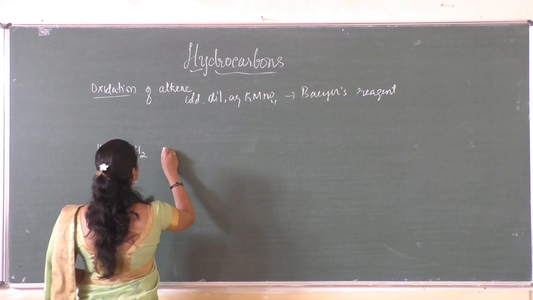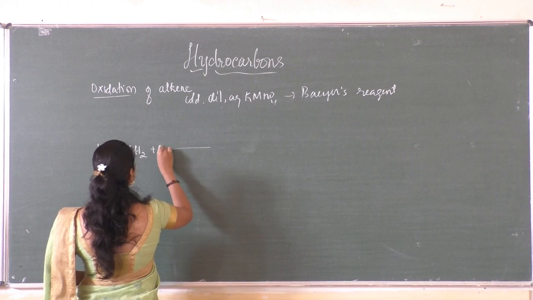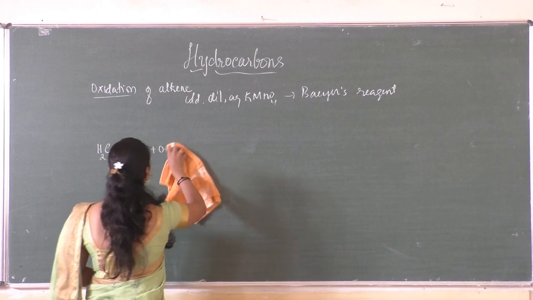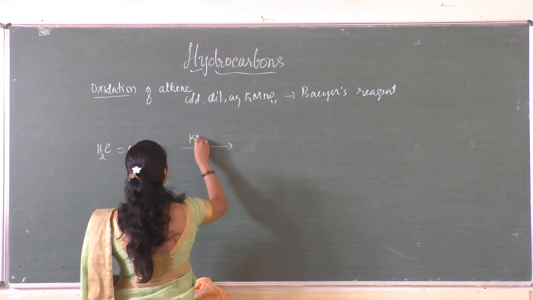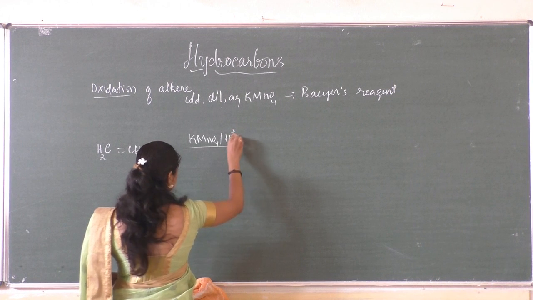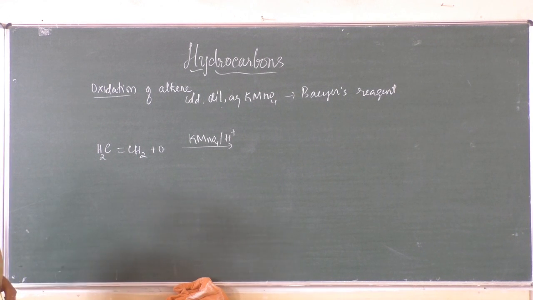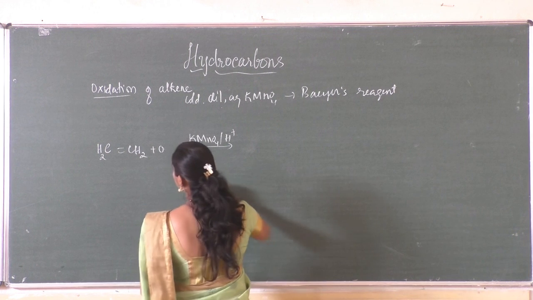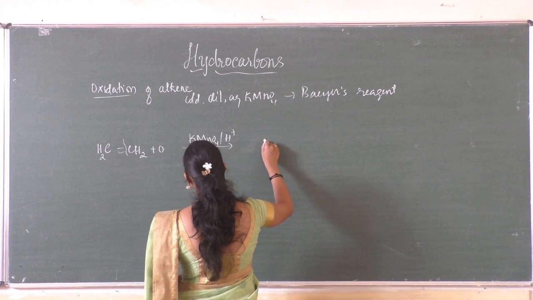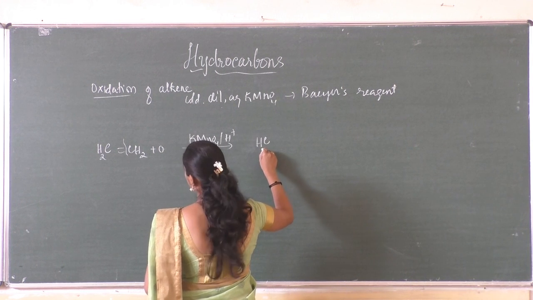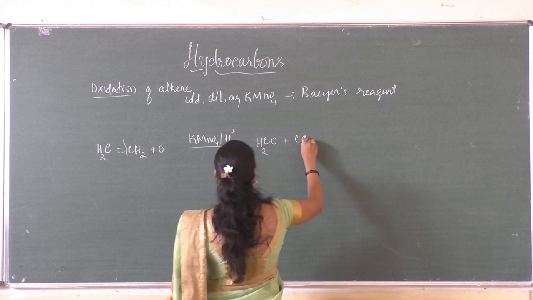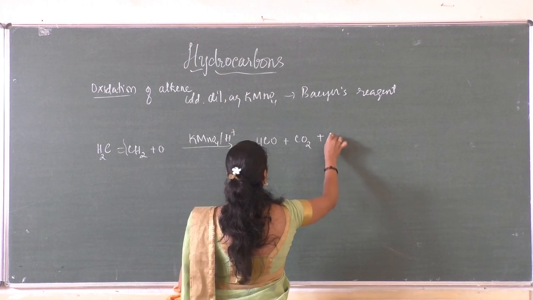This is ethene, which when treated with KMnO4 in acidic medium, represented by H plus, since acid tends to donate H plus, cleavage occurs so as to form CHO plus CO2 plus H2O.